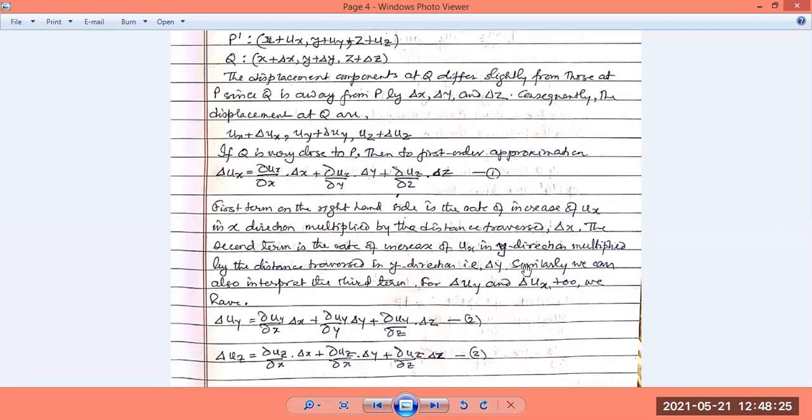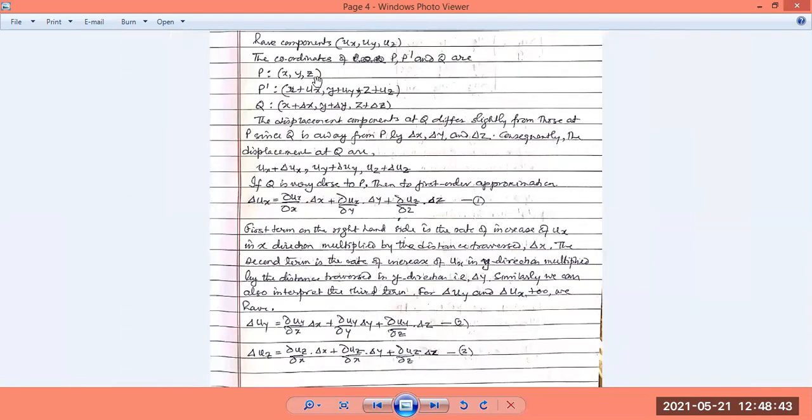Similarly, we can repeat the third term for delta uy and delta uz. So both delta uy and delta uz are given by similar equations. Let us explain it again like this: initially the displacement vector has the components ux, uy, and uz at P.